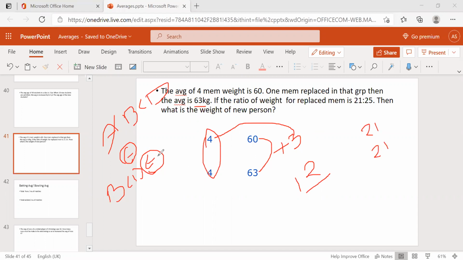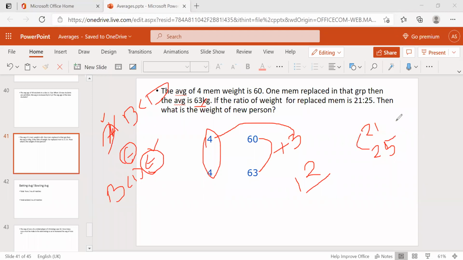So E is more, A is less. Replacing the person, if the average is increased, that means the previous person has less weight and the new person's weight is more. So A's ratio is 21, E's ratio is 25.